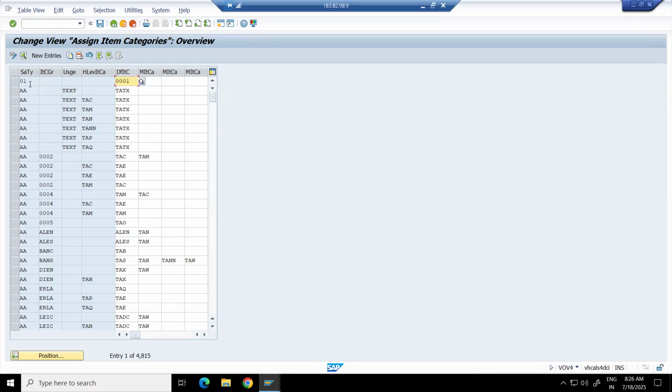So what is first? Sales document type. Then this is item category group. Then this is item usage. Then it is higher level item category. Okay, higher level item category.